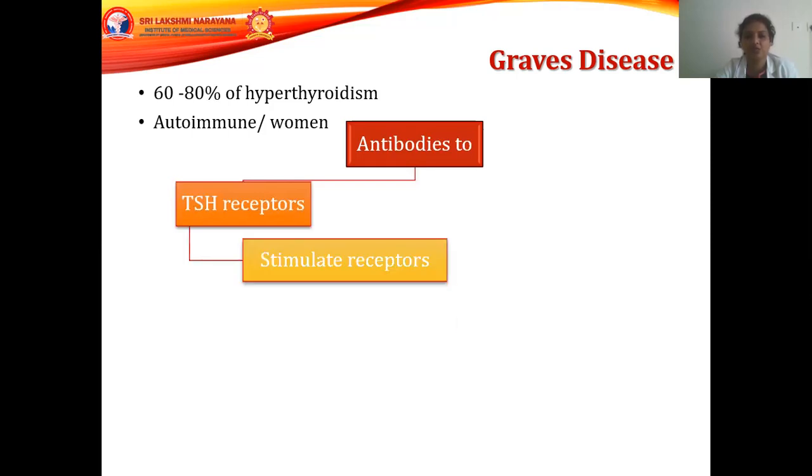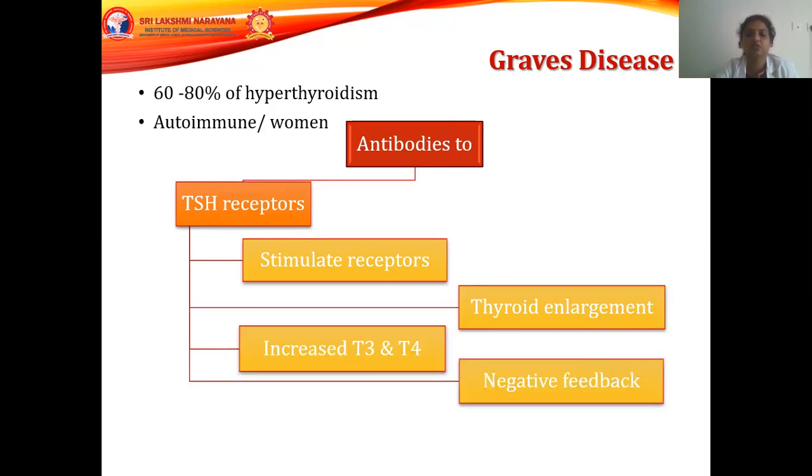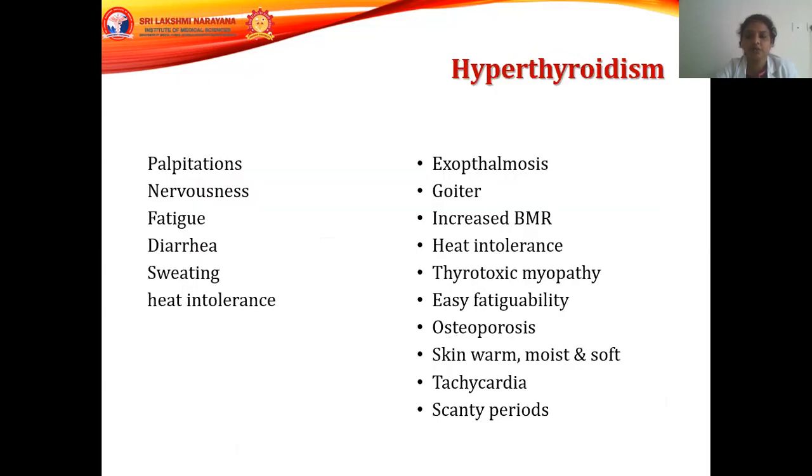This will stimulate the receptors and also cause thyroid enlargement, then increase the T3, T4 production. And because of this, there is an effect on the negative feedback mechanism, and there will be low levels of TSH produced. The other types of antibodies are antibodies to the thyroglobulin and the antibodies to the thyroid peroxidases.